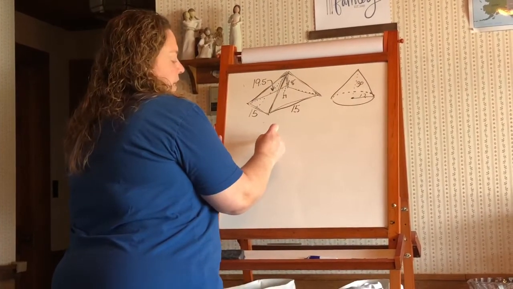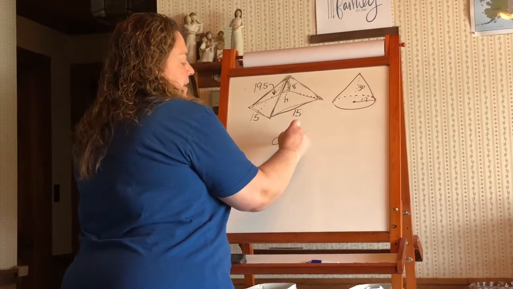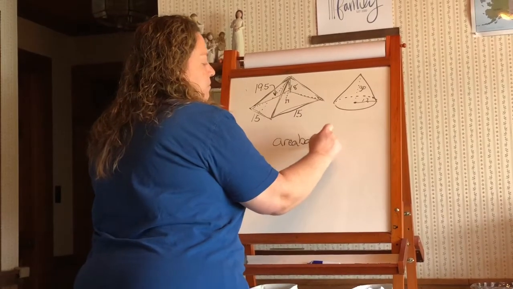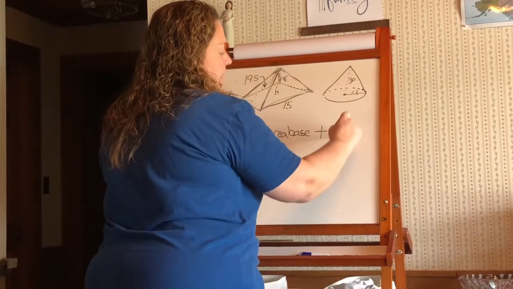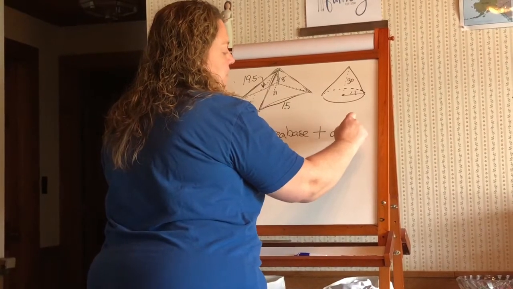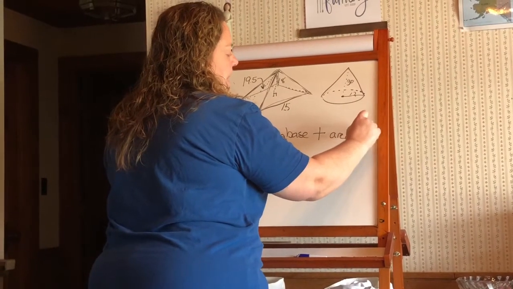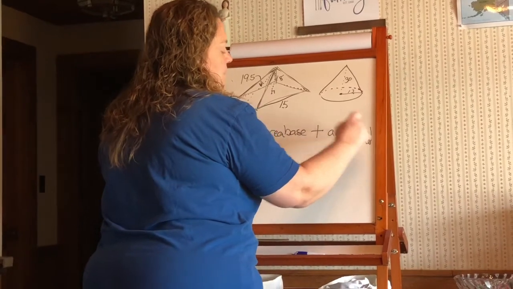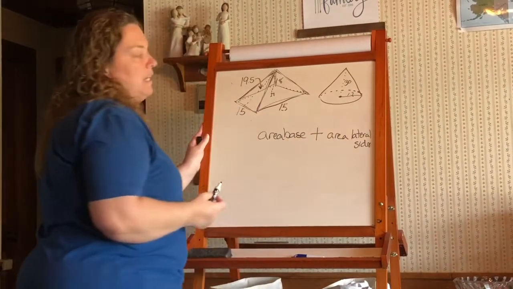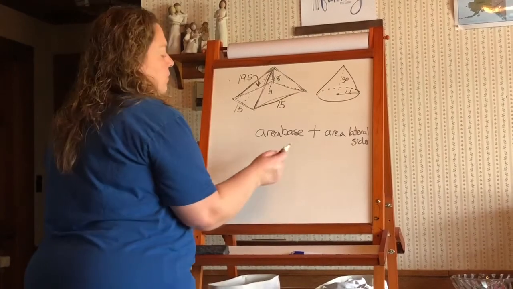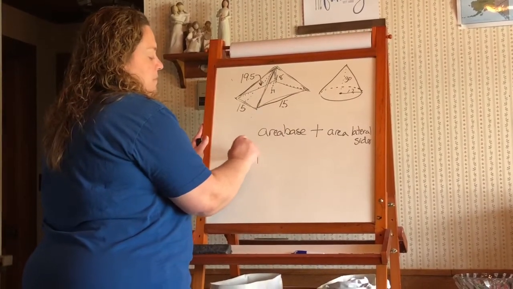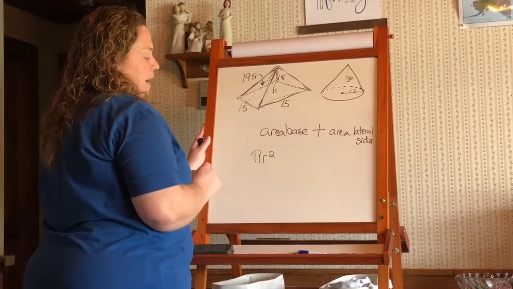So surface area is going to be the area of the base plus the area of the lateral sides. So let's look at the area of the base first. It's a circle. We know the formula for area is pi r squared.